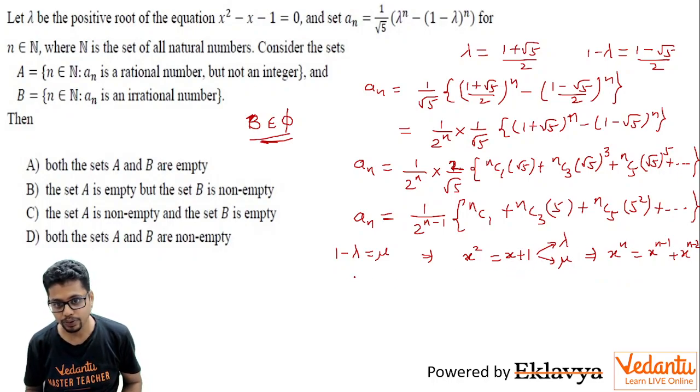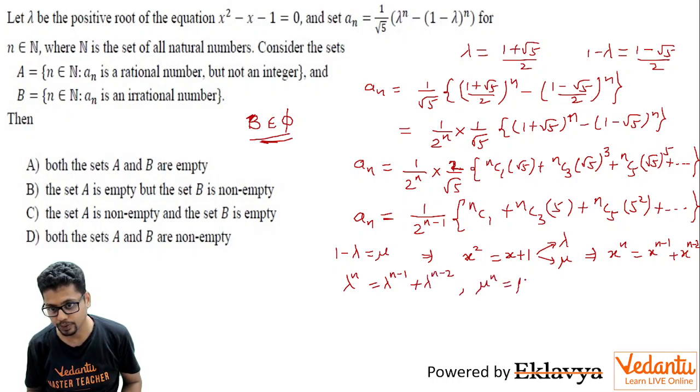So lambda to the power n equals lambda to the power n minus 1 plus lambda to the power n minus 2, and also mu to the power n equals mu to the power n minus 1 plus mu to the power n minus 2. As you subtract the two equations and divide by root 5, you get an equal to an minus 1 plus an minus 2.